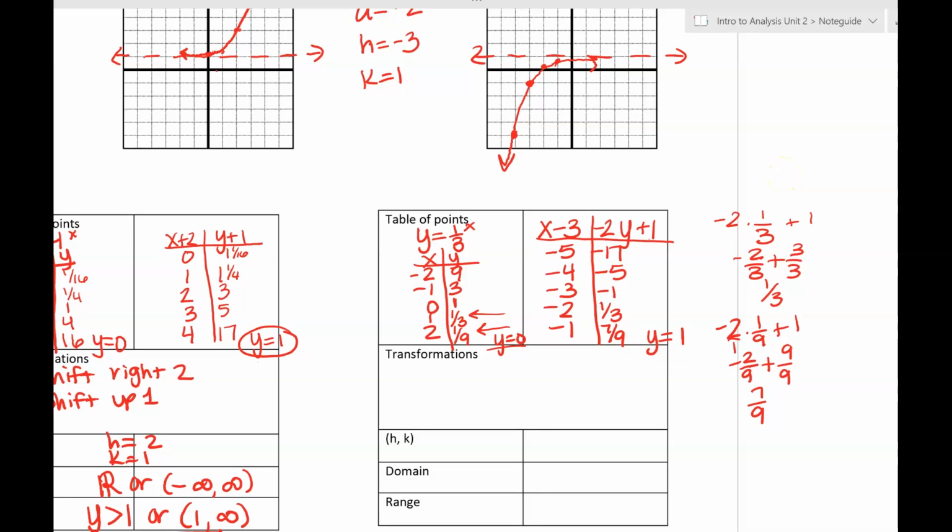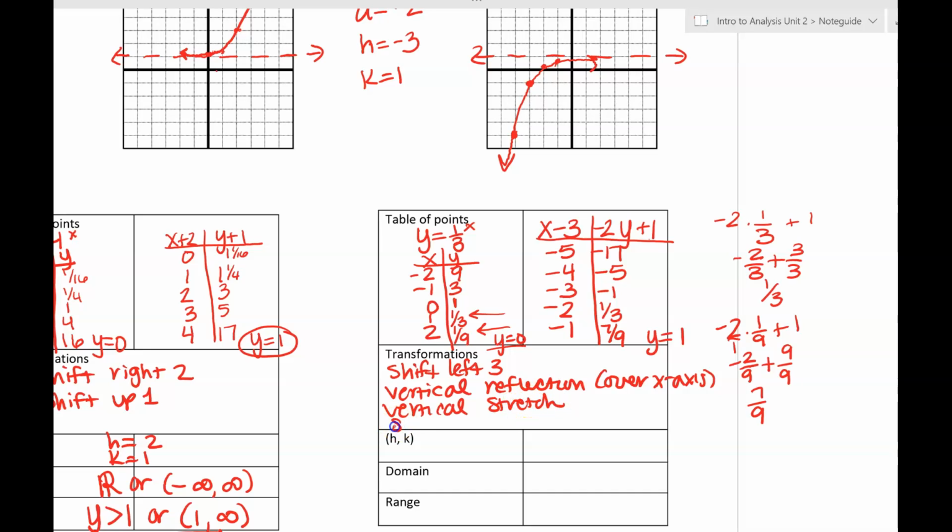So my transformations, horizontally, I only had the -3, so there was a shift left 3. Vertically, I see it was multiplied by a negative, so there was a vertical reflection. Or again, if you would prefer to say reflection over the x-axis. I see it was multiplied by 2, so there's a vertical stretch.